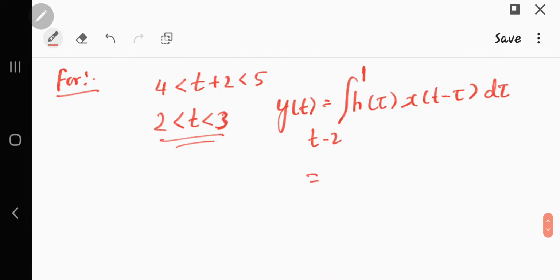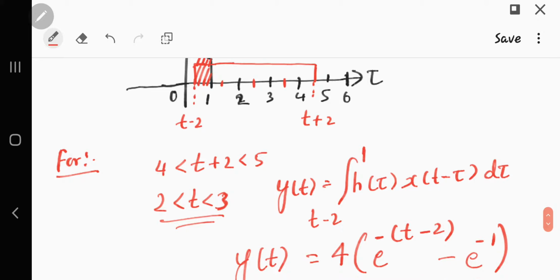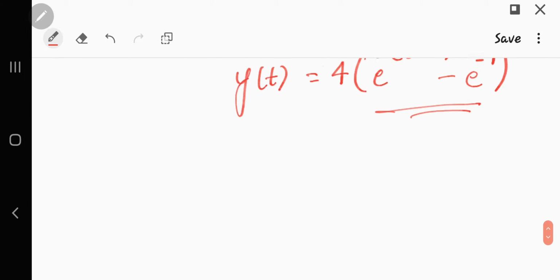So if you integrate this, you should get and apply the limit 4 into e to the power of minus t minus 2 minus e to the power of 1. Now you can further simplify, but you have to apply values of t to get the final answer. I can keep it here, simplified to this value. So this is what you are going to get after simplifying and applying the limit, after integrating and applying the limit. Let's move to the next case.